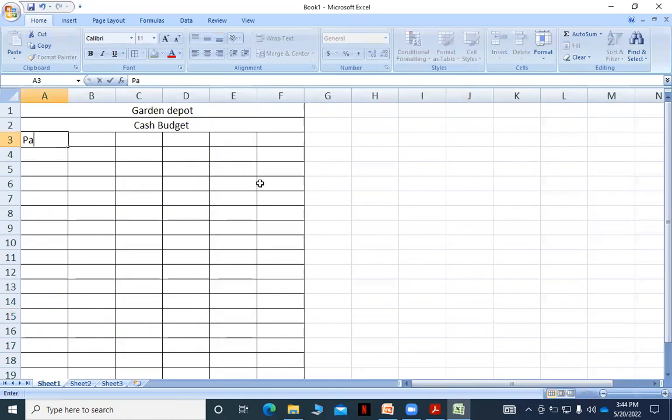So here the column name will be particulars.